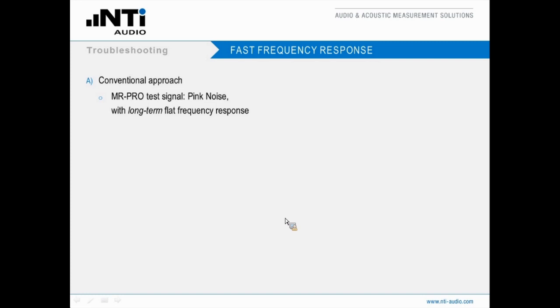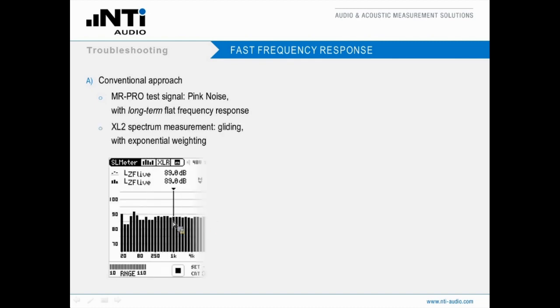Pink noise by itself is a stochastic signal, which has a flat frequency response over the logarithmic axis, but this flat frequency response is only noticeable over a long time period. If you take a short glimpse at the pink noise signal, you will not see the flat frequency response immediately. I'm going to show you that in practice just in a moment.